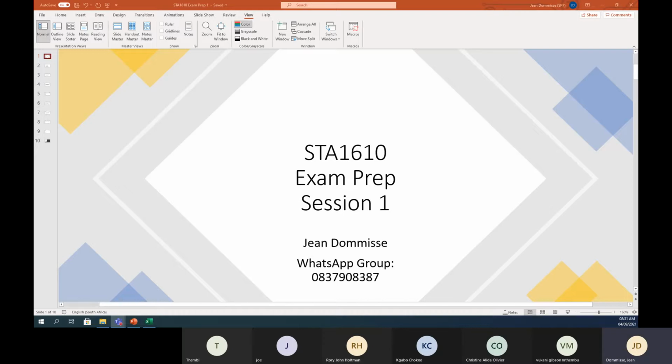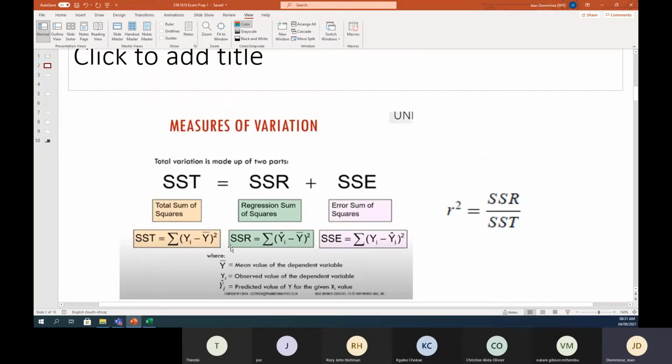Today, we're going through the questions that were shared on the link, and one of the big things shared was the measures of variation. The formula was shared, and there were questions around how this is calculated.